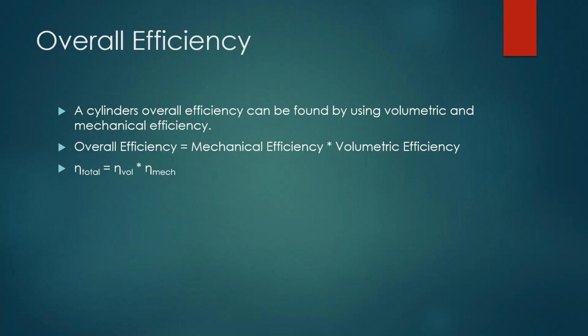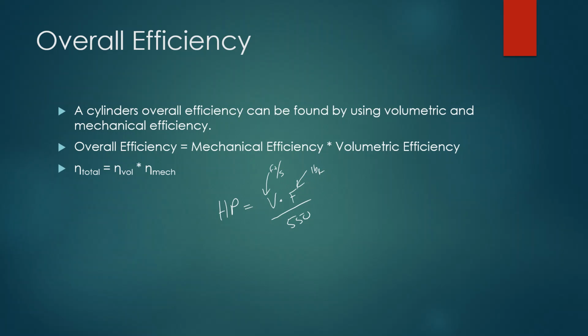And then our overall efficiency. So we can get our overall efficiency by looking at the horsepower out. So for a cylinder, our horsepower could be equal to velocity times our force divided by 550, right? And velocity would be in feet per second, and our force would be in pounds force.